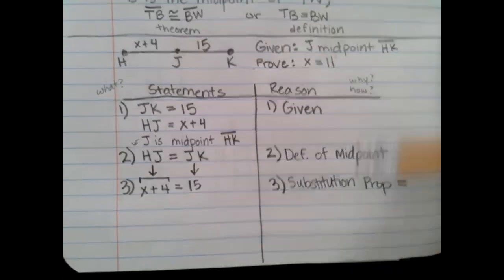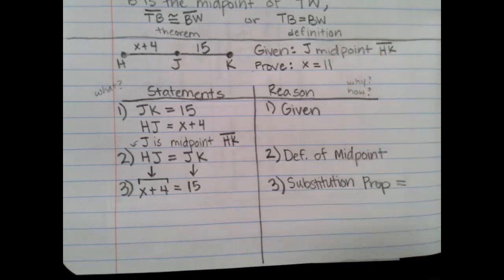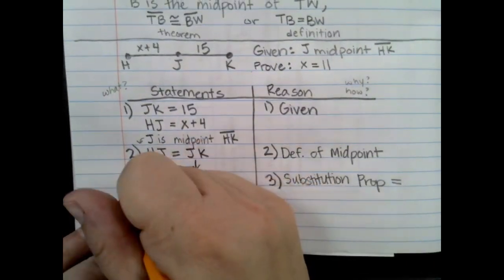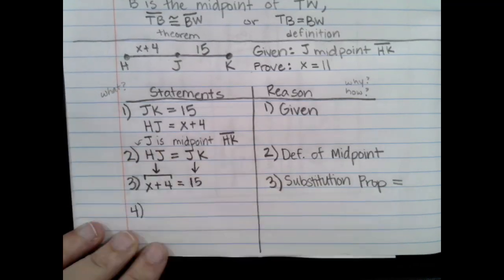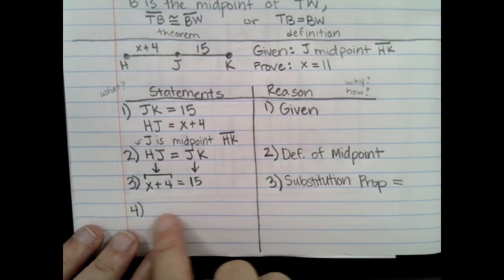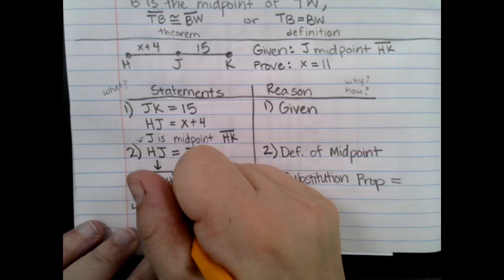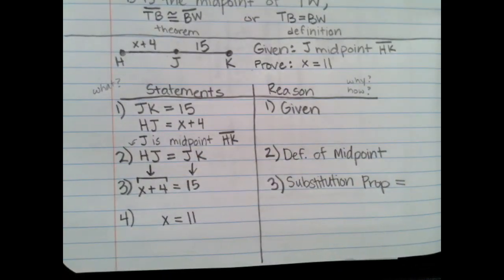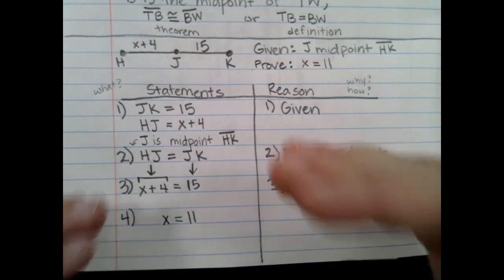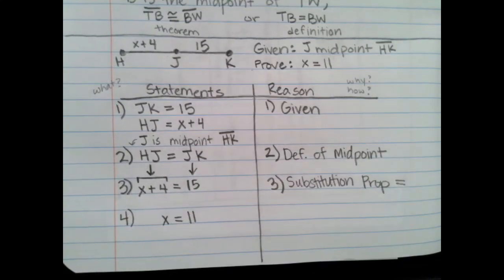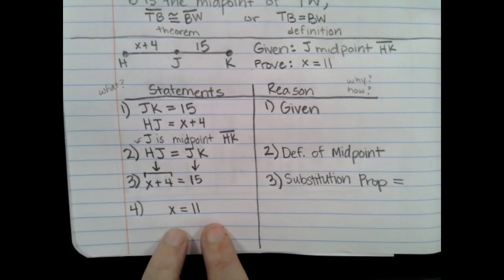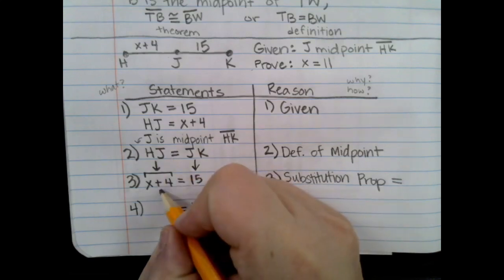Okay, now we have to always remember what we're trying to prove. What we're trying to prove is that x is equal to 11 by itself. So in step 4 here, some people can do this in their heads, and they know right away x equals 11. If I know x plus 4 is 15, then x equals 11. They might skip this step where they're showing their work. What did they really do to both sides to get x equals 11? They minus 4.